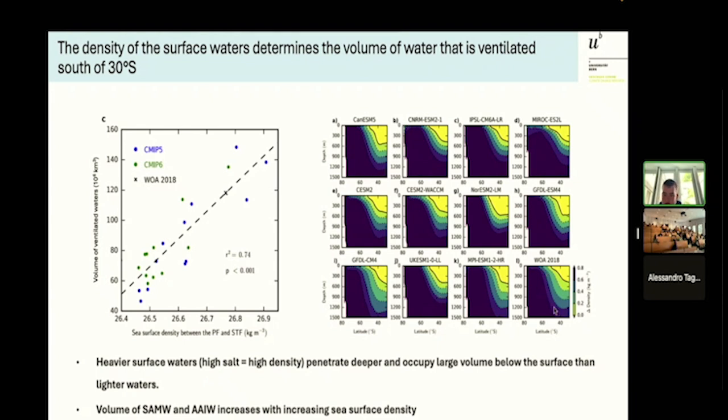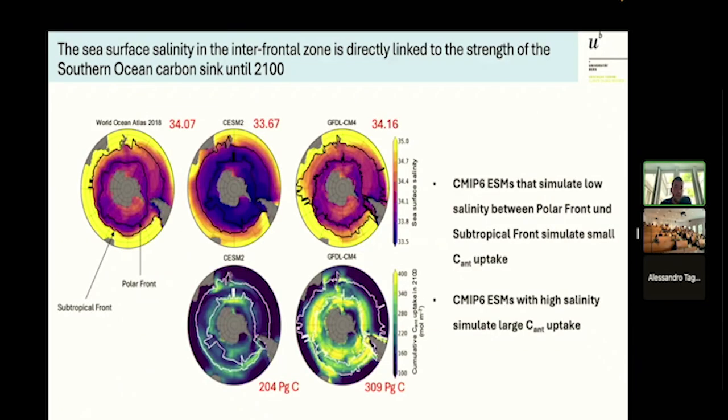And here are the observations. So we see that a lot of models underestimate the sea surface density and the volume of ventilated waters, which suggests that they probably also underestimate the anthropogenic carbon uptake. And this is where I'm going now.